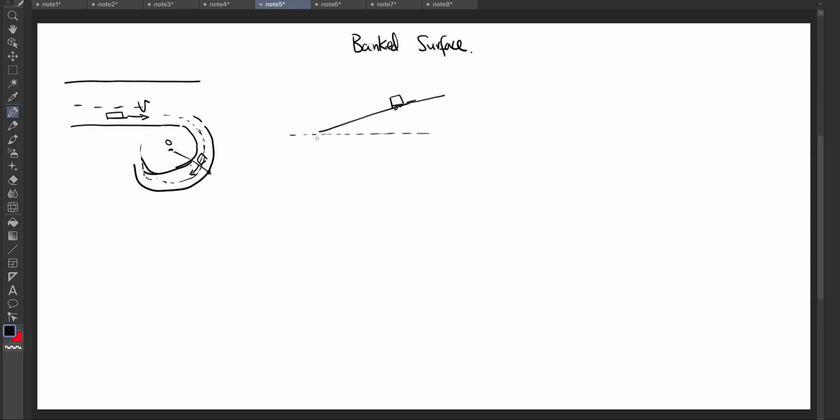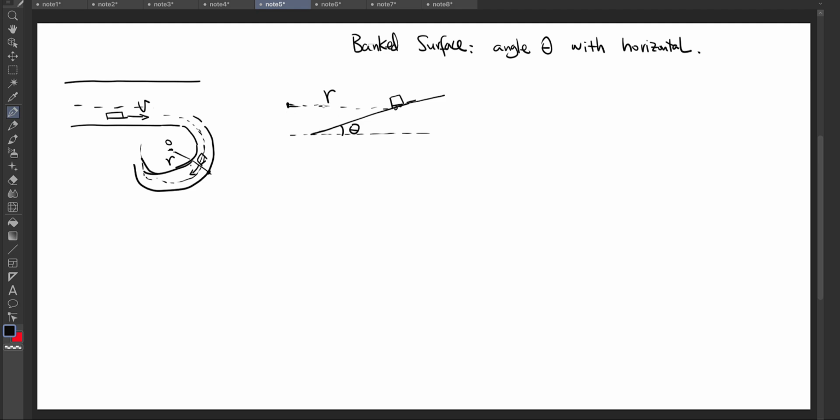That's called a banked surface. Usually we have an angle to represent the grade of the surface, so there's an angle theta with the horizontal. The car is driving along this circular path with radius r, so let's also label this radius r.